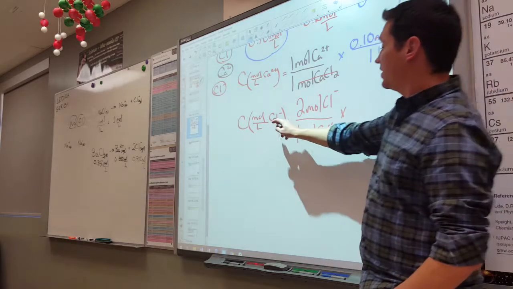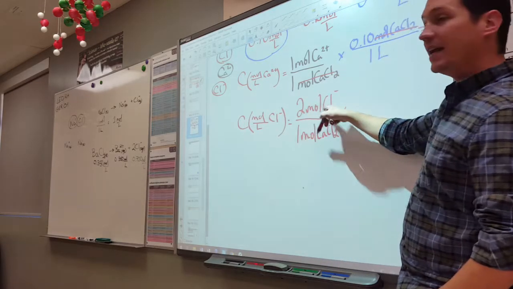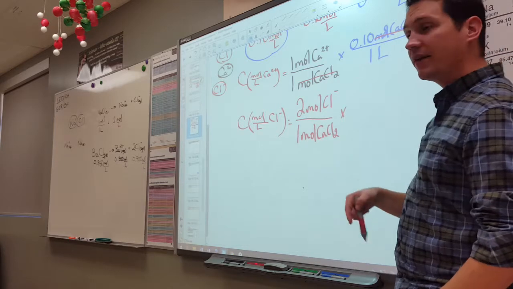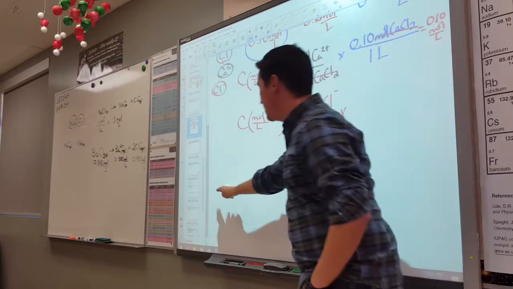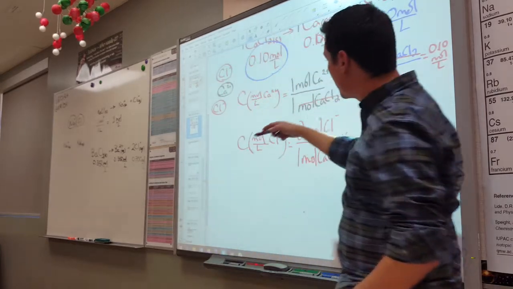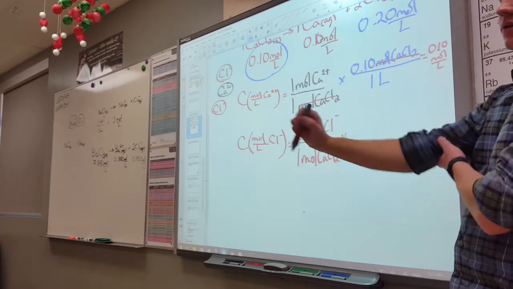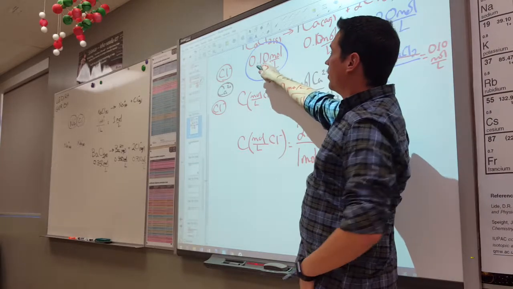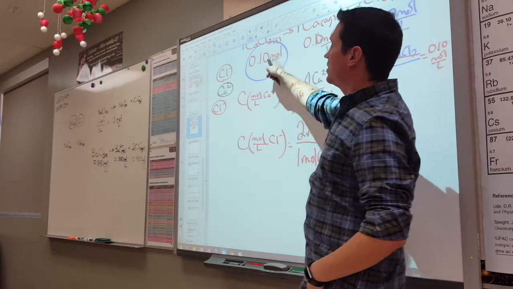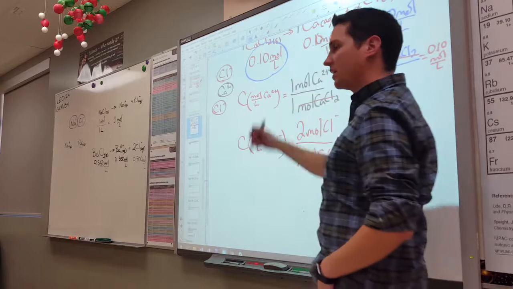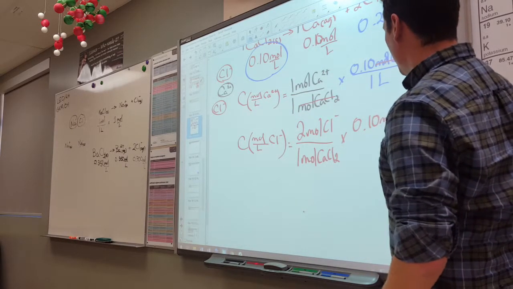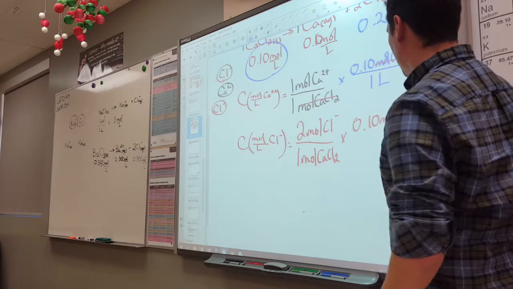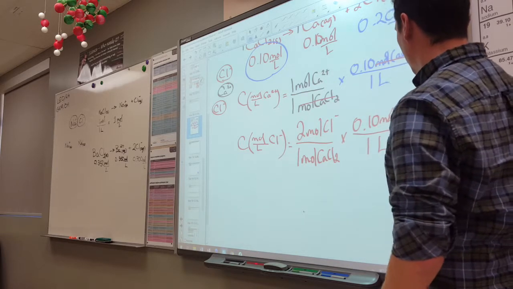Okay, we want moles of chloride in the end. Well, that's what we want on top. So what do we have to cancel out? Moles of calcium chloride. Do you see anything referring to calcium chloride that has moles in it? 0.10 moles per liter. So this concentration, because it belongs to the calcium chloride, is 0.10 moles of calcium chloride per 1 liter.